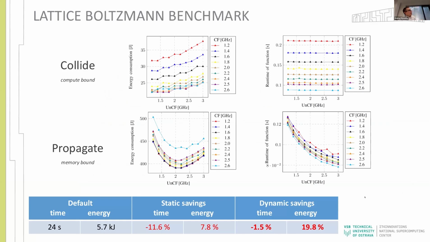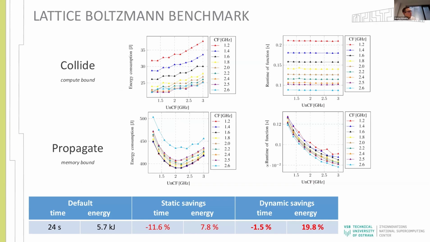So for this simple lattice Boltzmann example case, it has these two regions. Collide is compute bound, while the propagate region is memory bound. And if having the static tuning, because these regions are so different, it's really impossible to find any energy efficiency improvement or energy consumption improvement in this case without impacting the application runtime.